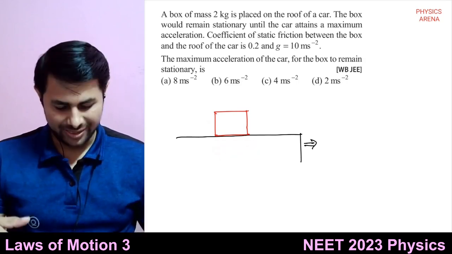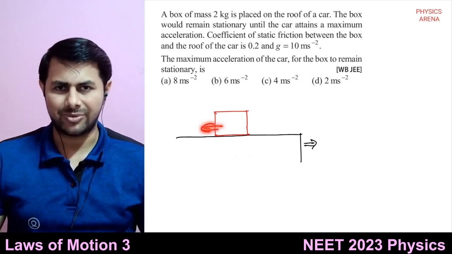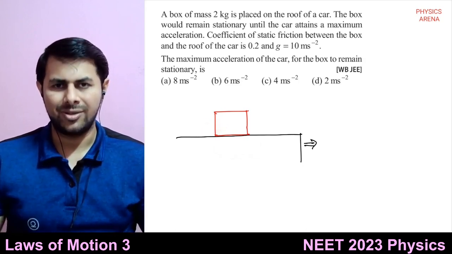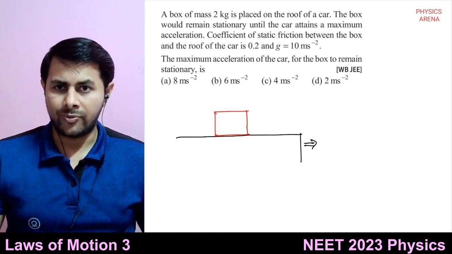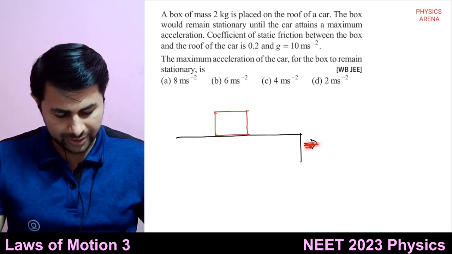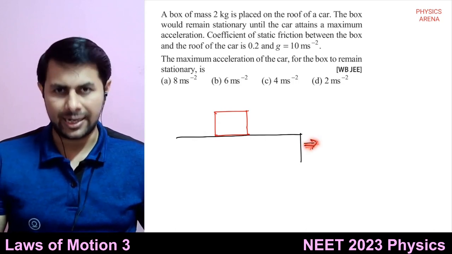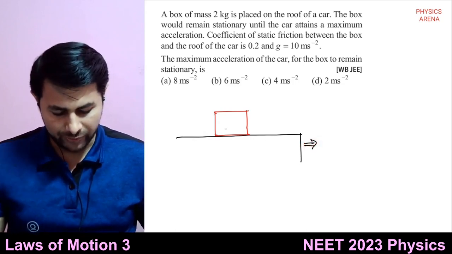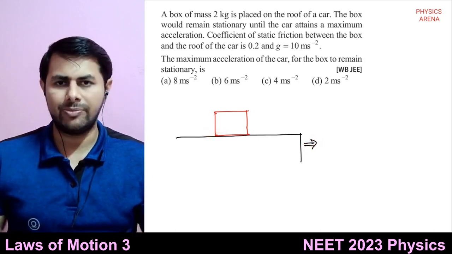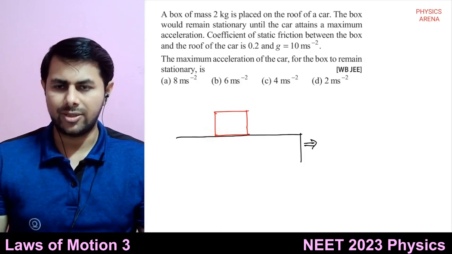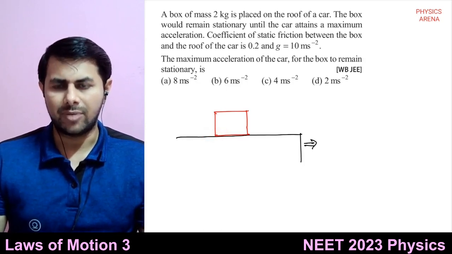It seems like it is accelerating backwards, but this will happen only when there is no friction. If there is some friction, then what will happen? This external acceleration should be more than what? Should be more than the opposing frictional force. The external force should be more than the opposing frictional force.